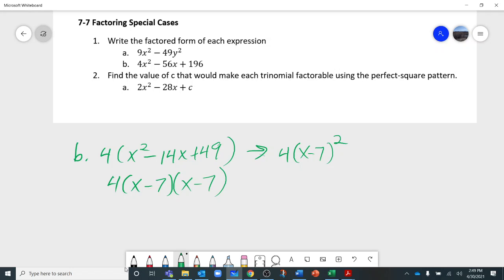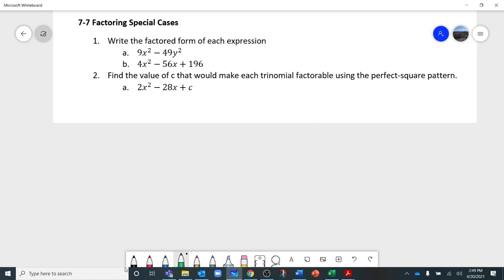All right, the last one, which is number 2a. I guess I haven't really been labeling these very well. 2a is 2x squared minus 28x plus c, and we want to find some c value that is going to give us a perfect square pattern.